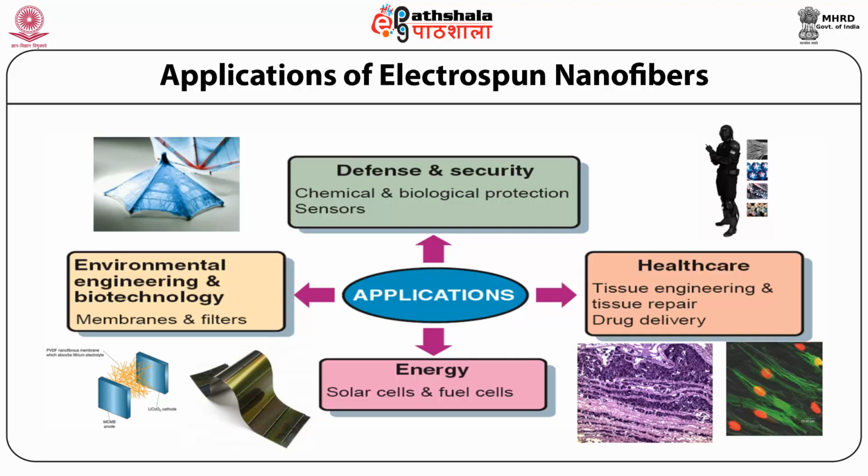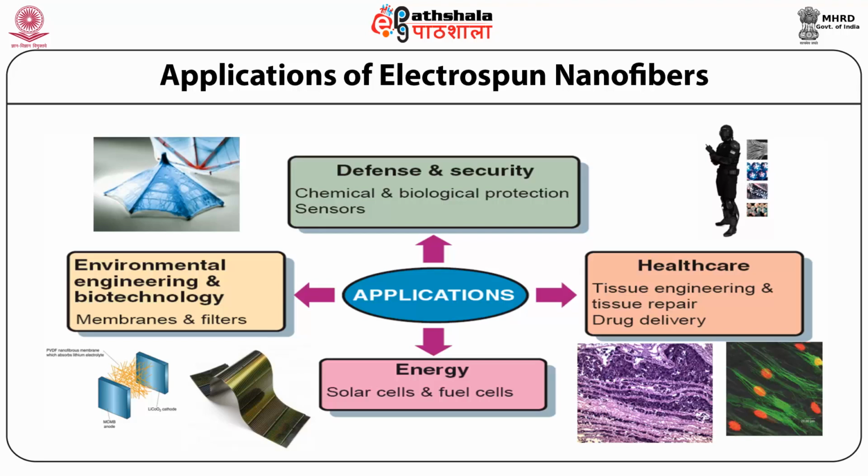These applications may be in the field of environmental engineering and biotechnology as membranes and filters. The second, in the field of defense and security as chemical and biological protecting sensors. In the field of healthcare, for tissue engineering, tissue repair, and drug delivery.